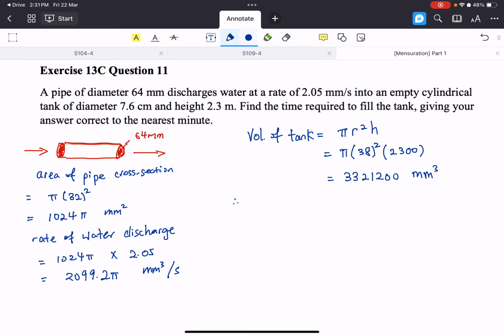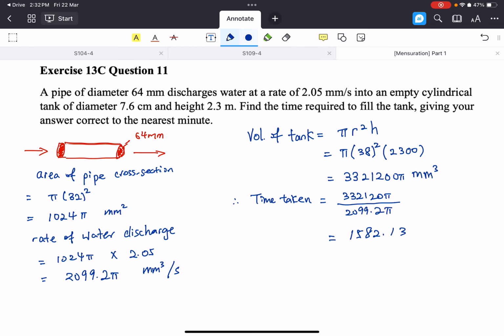Therefore, time taken will be equal to the volume 3321200 pi, sorry, I left out pi, divided by 2099.2 pi, right? So you work this one out, divide by 2099.2, which will give us 1582.13.